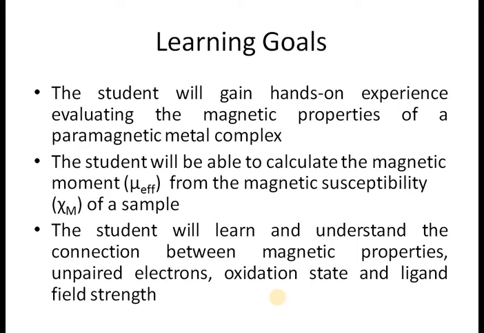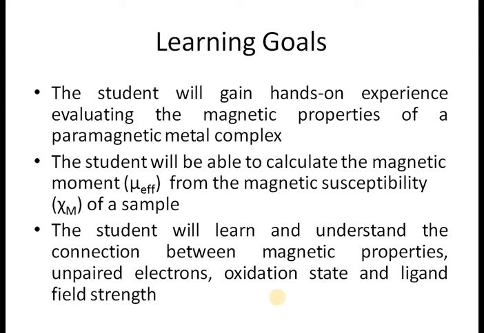Learning goals. What are the learning goals in this magnetic susceptibility? The students will gain hands-on experience evaluating the magnetic properties of paramagnetic metal complexes. Paramagnetic and diamagnetic were discussed in the previous lecture.